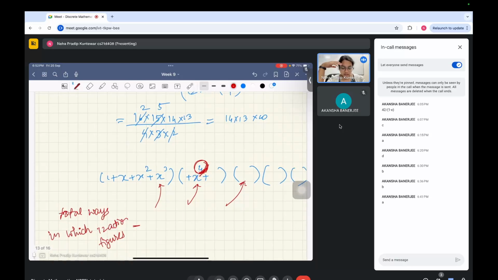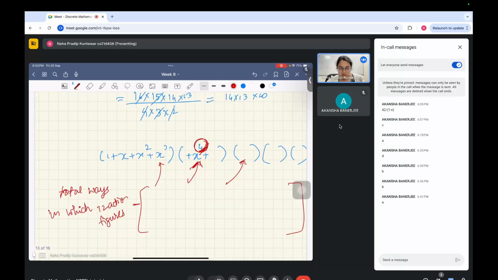The subtracting way is that, assume you're taking x to the 4 from here. So there are a lot of things that you're going to have to subtract. Assume you're taking x to the 4 from here, and then look at the coefficient of x to the 12 minus 4, which is x to the 8, in the remaining expression.